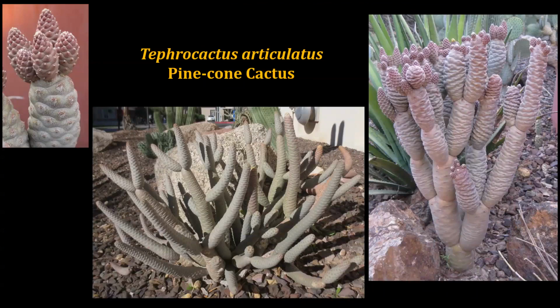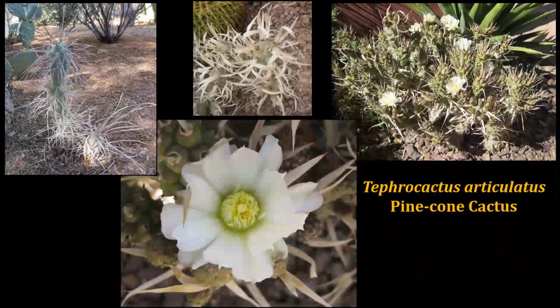These are great. They can grow in full sun or light shade. There are some relatives. Some have wide, papery spines. Others have narrow spines that kind of spiral. They all get these beautiful white flowers with a cream and green center during the summer.